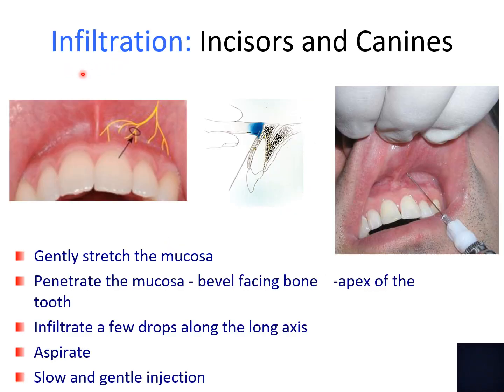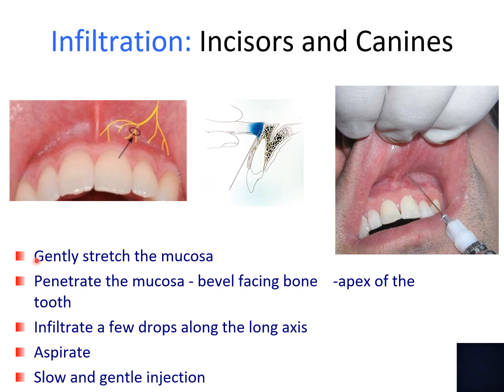Routine dental treatments such as restorative procedures and tooth extractions of the incisors and canines in the maxilla can be accomplished by infiltration anesthesia. So basically, you are aiming to anesthetize the terminal branches of the anterior alveolar nerve close to the root apex of the tooth you are interested in working on. You would follow the same standard procedures.